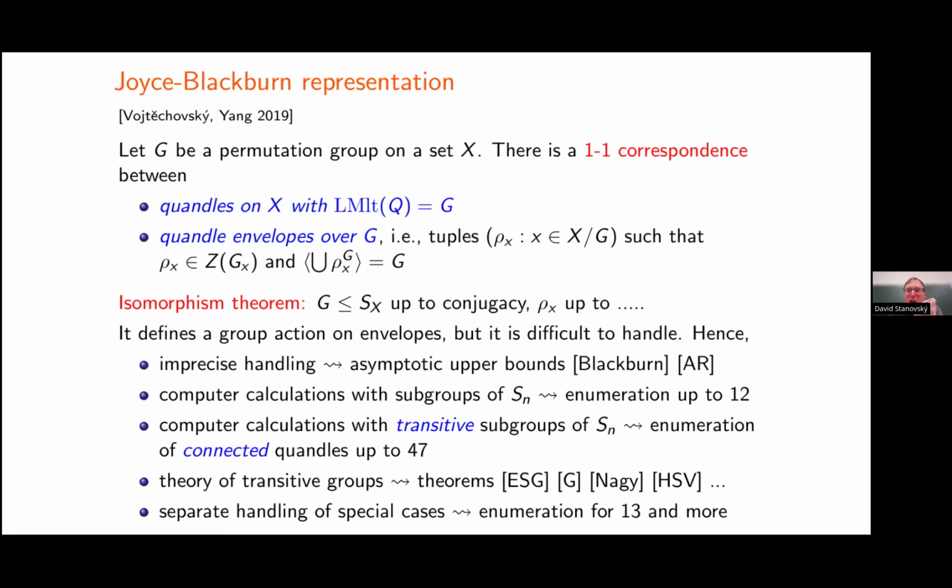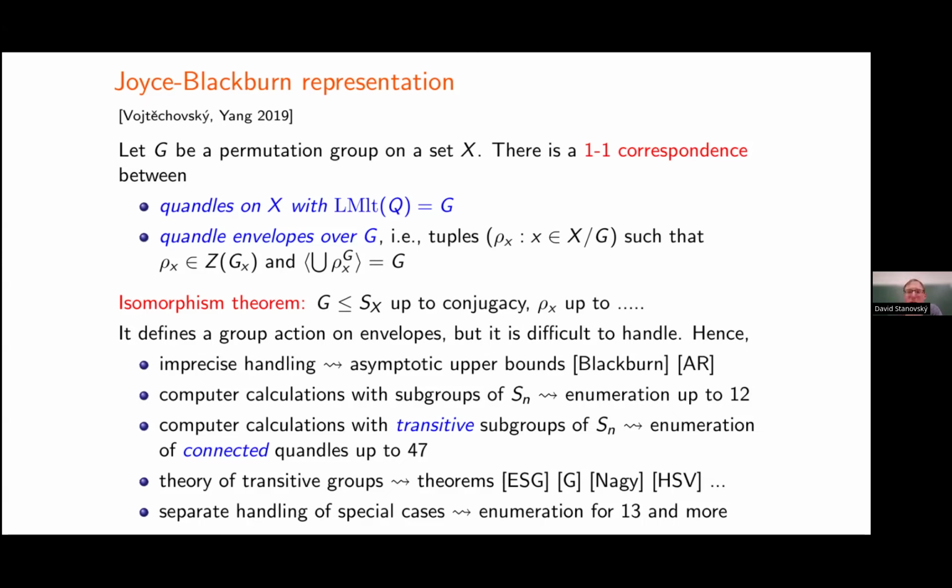So as long as there are not too many quandles of a given size, you can do an exhaustive search. It's like a smart brute force. So that works up to 12. So the enumeration up to order 12 can be done by smart brute forcing all subgroups of Sn.